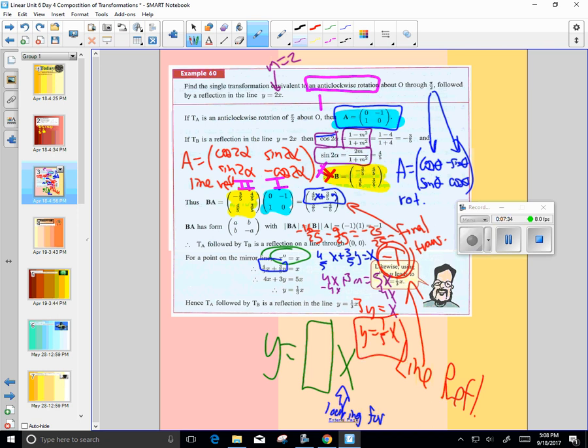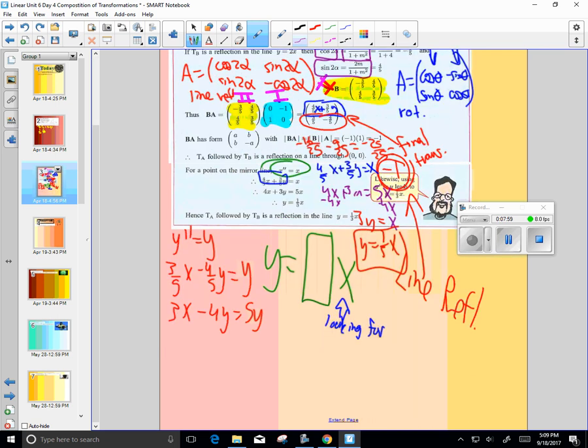And it's probably not going to surprise you if y double prime is equal to the new y. Using this part, you have 3/5 x minus 4/5 y equal to the new y. Multiply by 5. 3x minus 4y equals 5y. And then go ahead and add 4y.